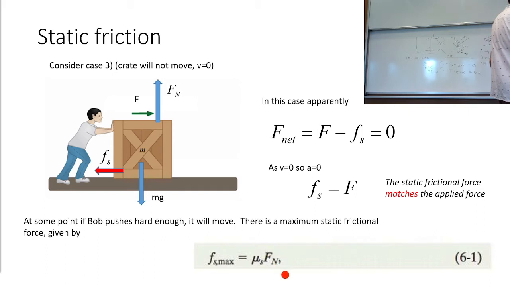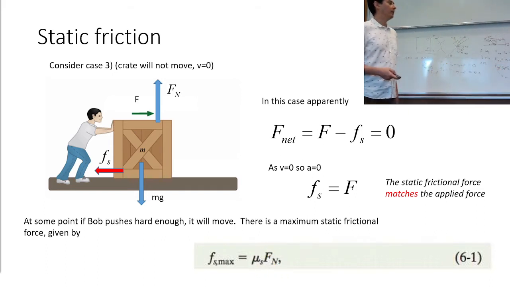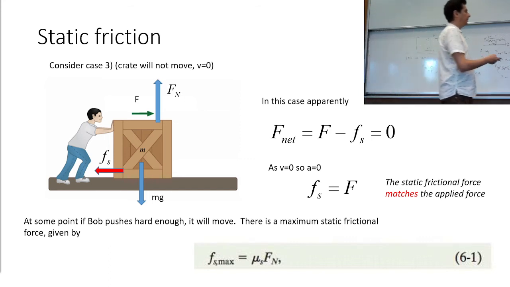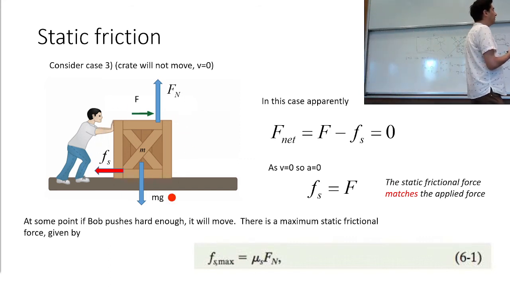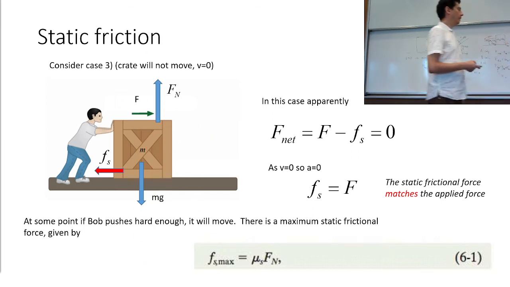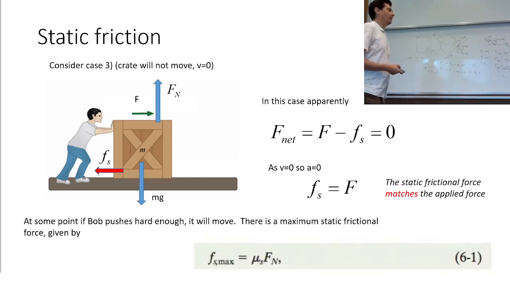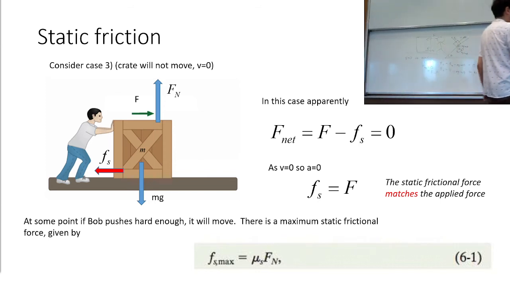So this is the normal force that is acting on the object. In this case, you've got some crate which has got mass m. Gravity is down, so we know that the normal force is going to be in the upward direction. And there's this kind of phenomenological constant that you put in there.